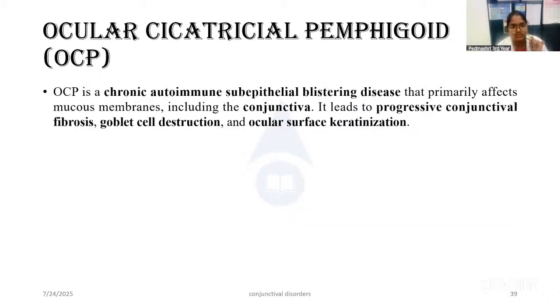Ocular cicatricial pemphigoid. OCP is a chronic autoimmune subepithelial blistering disease that primarily affects mucous membranes, including the conjunctiva. It leads to progressive conjunctival fibrosis, goblet cell destruction, and ocular surface keratinization.